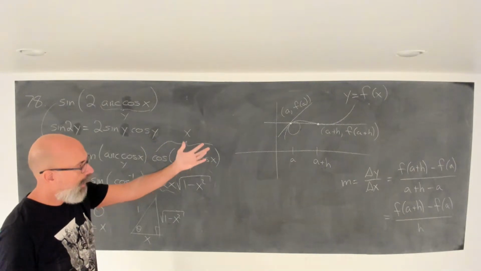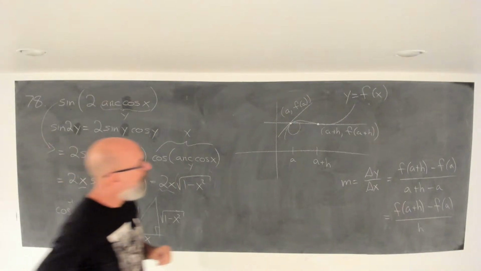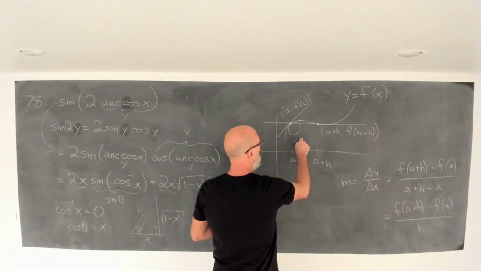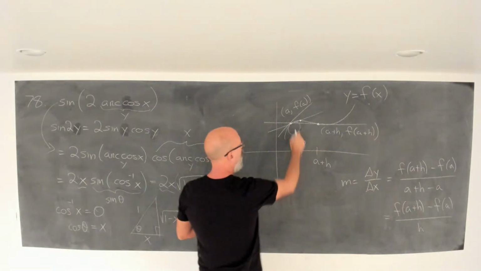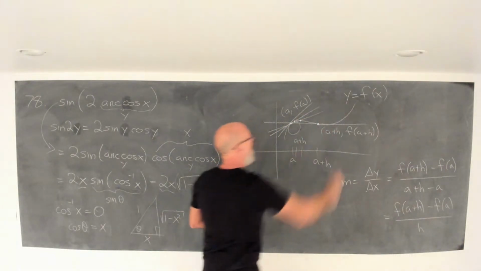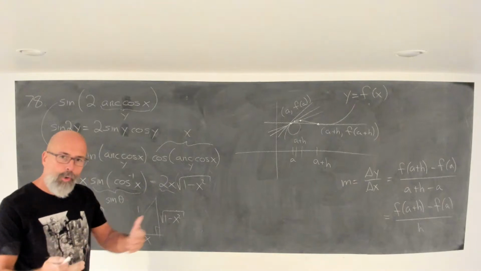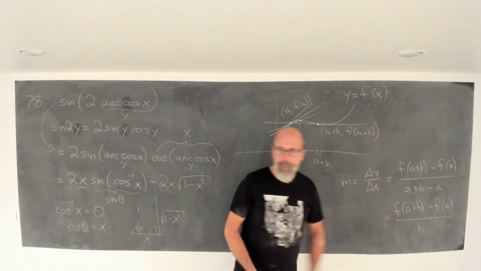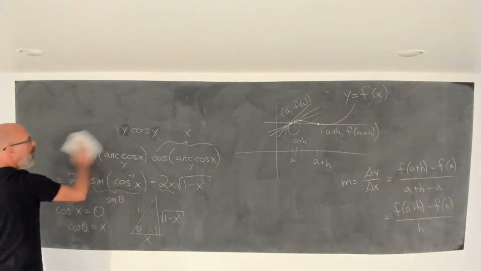Now, again, let's go back to the fact that it's a terrible approximation, but observe what happens if h gets smaller and smaller. If h gets smaller and smaller, you get a better and better approximation. And so the question becomes, what is the behavior of this expression as h gets closer and closer to 0?